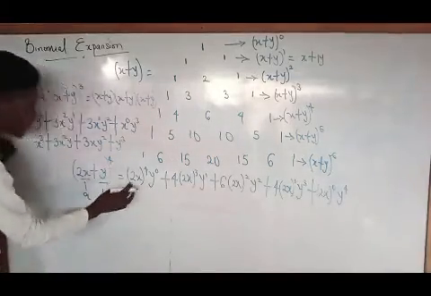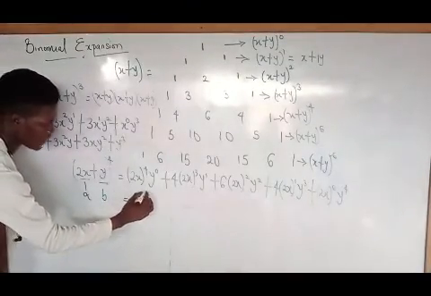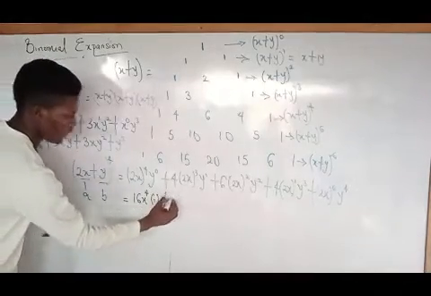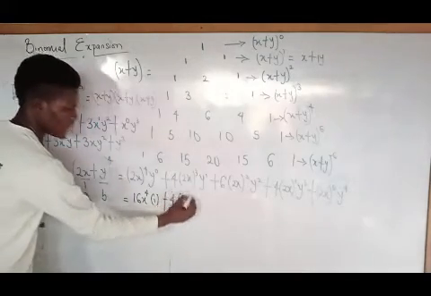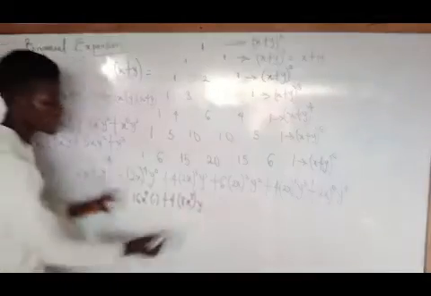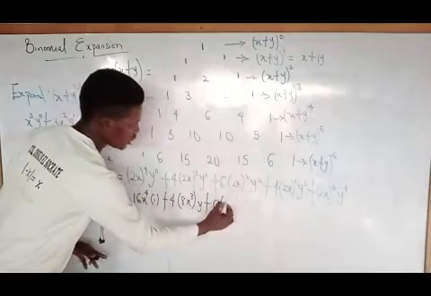In indices, if you expand this, it will take power 4, and 2 raised to power 4 will give me 16. x raised to power 4 is x raised to power 4. y raised to power 0 is 1. Plus 4. Open bracket, 2 raised to power 3 is 8. Then x raised to power 3, y. Alright? Plus 6. 2 raised to power 2 is 4.